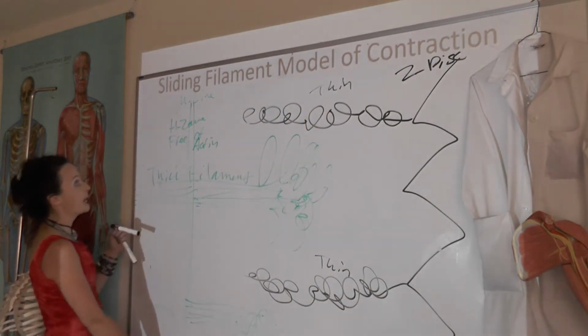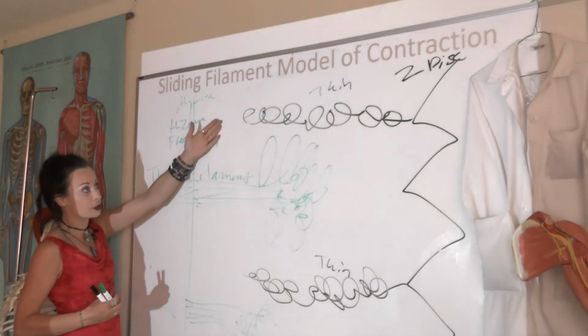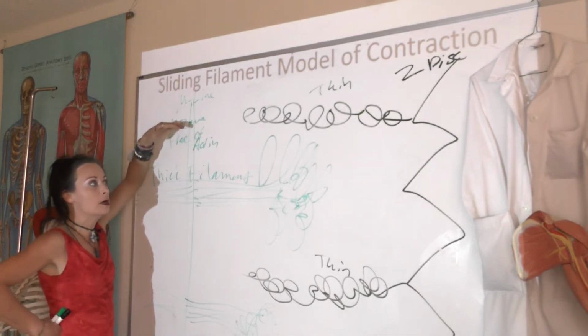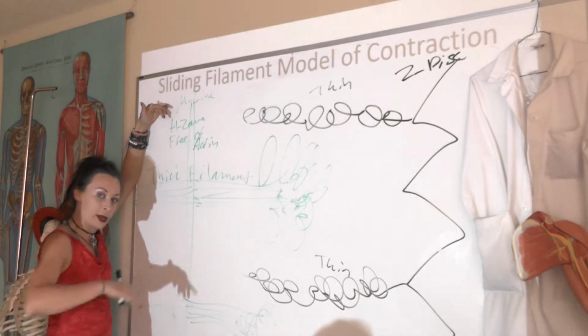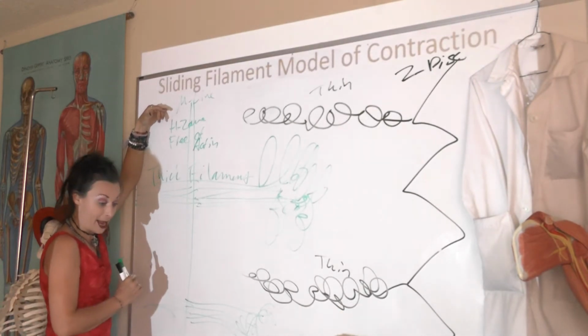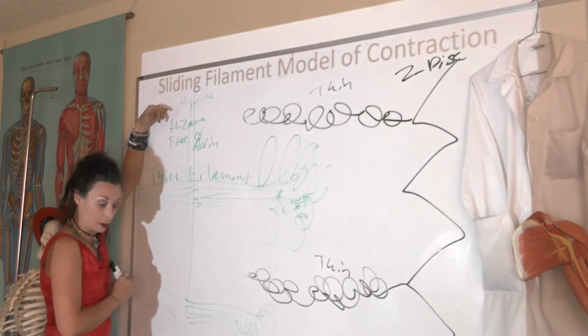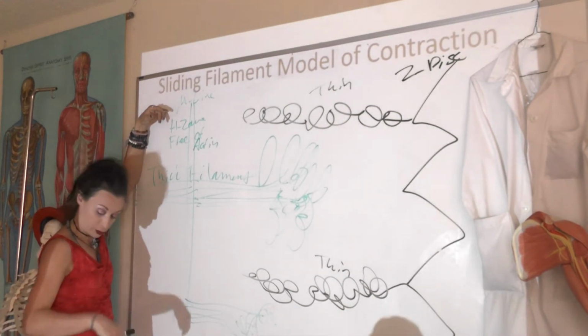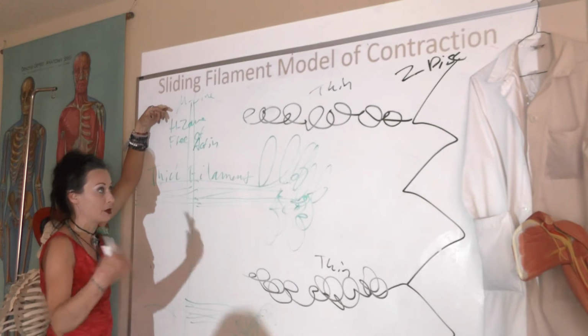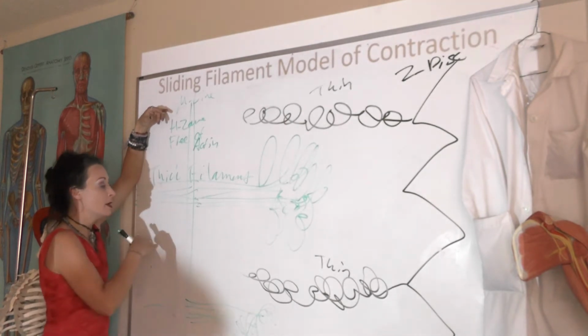So the sliding filament model of contraction is this model that we have to explain what we observe in a relaxed and a contracted sarcomere. That was a whole bunch of bare contraction of sarcomeres to do lots of jumps right there. Thank you, little man.